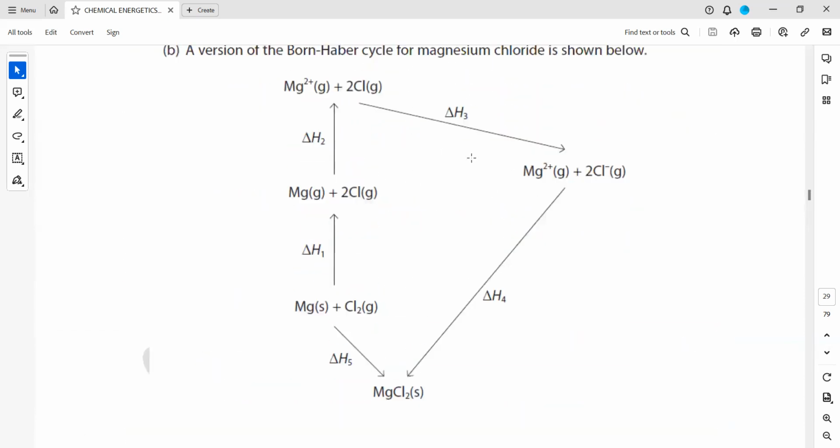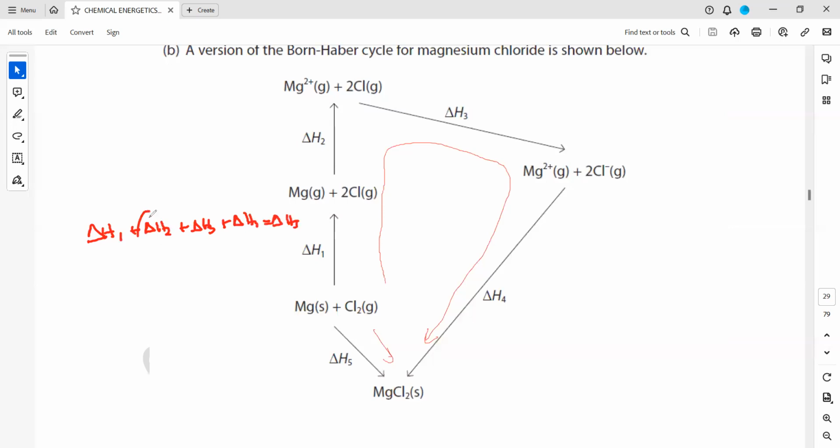How can we write the equation for delta H2? If we follow the Born-Haber cycle, or using Hess's law, delta H1 plus delta H2 plus delta H3 plus delta H4 is equal to delta H5.